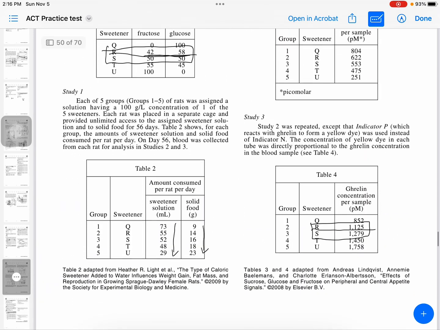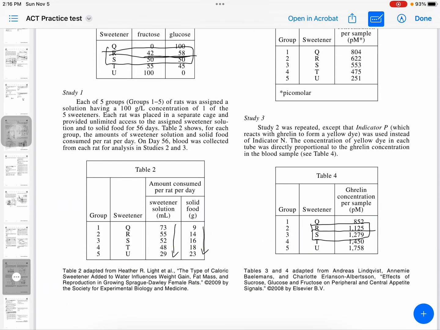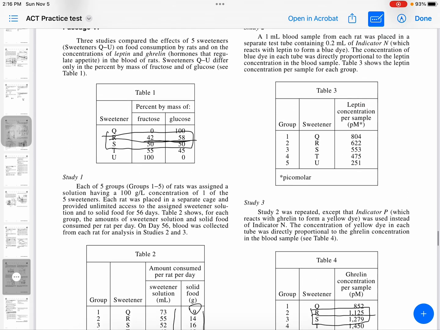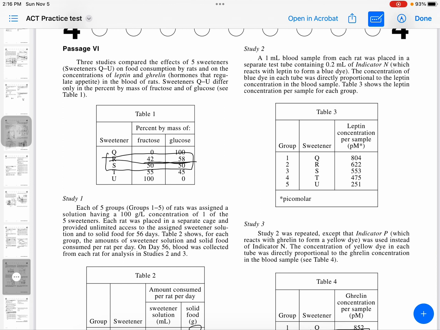Well, in Study 1, they didn't study leptin, they studied sugar. And the group that consumed the least was the group that had the most sugar. But let's look at Study 2. Leptin seems to be directly correlated with glucose and inversely correlated to fructose.